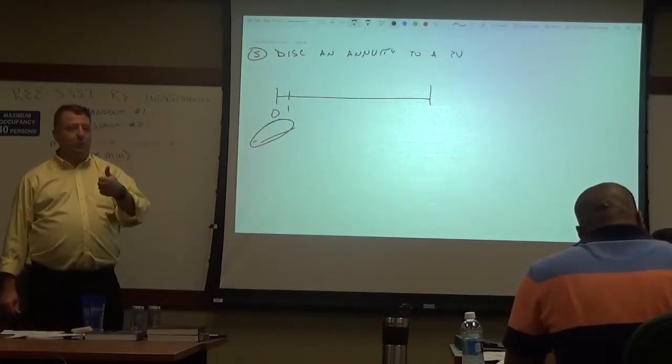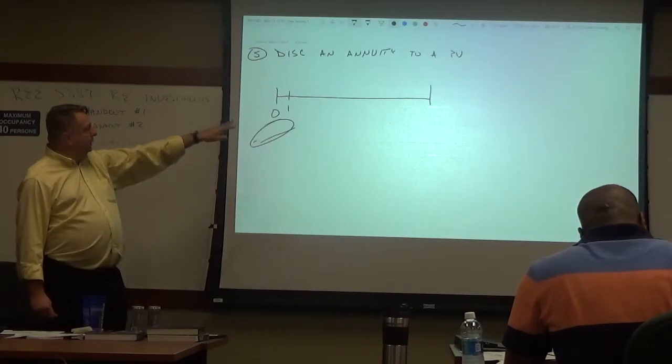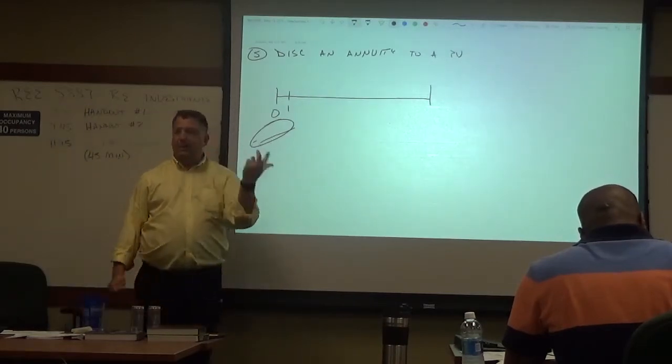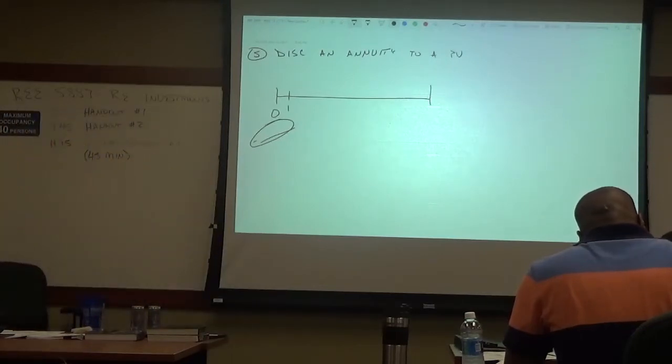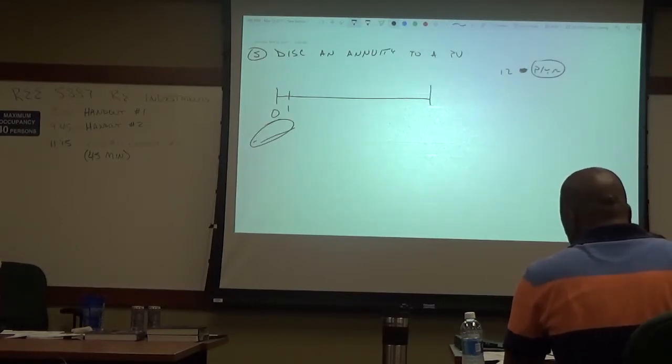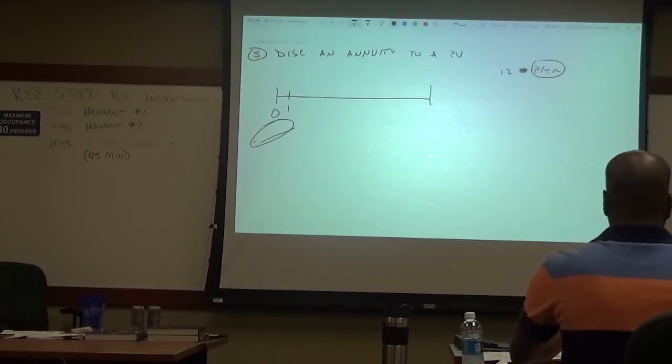Okay, so the first question we have to answer is, is it going to be monthly or annual? What do you want? Monthly. Okay, so that's the first piece. Second piece is, how big is this annuity going to be?